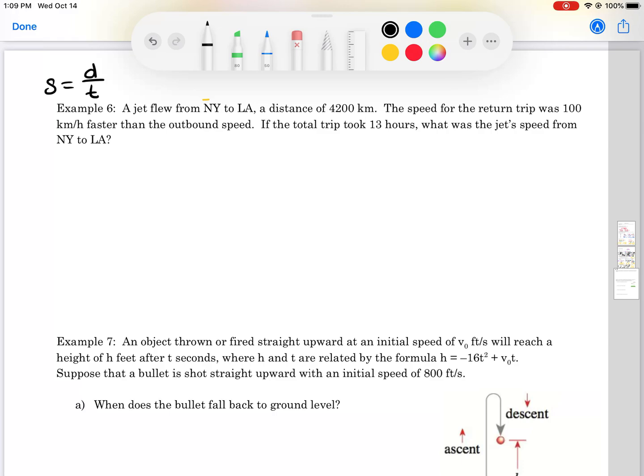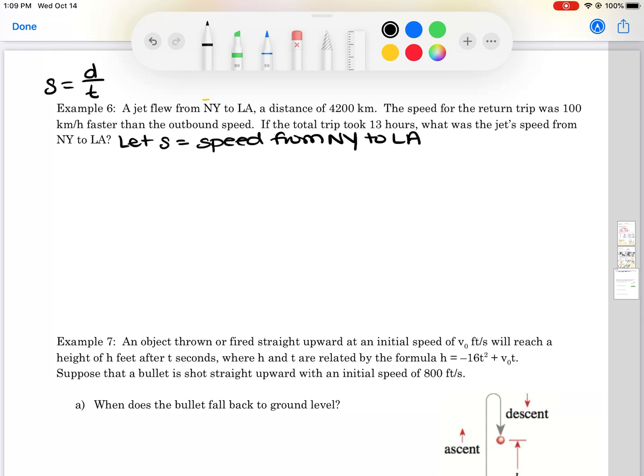All right, so we want to know the speed from New York to LA, so let's let that be our variable. How about S for speed, equal to the speed from New York to LA. Okay, so we know a few things.